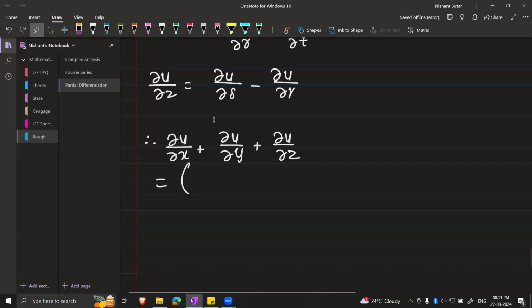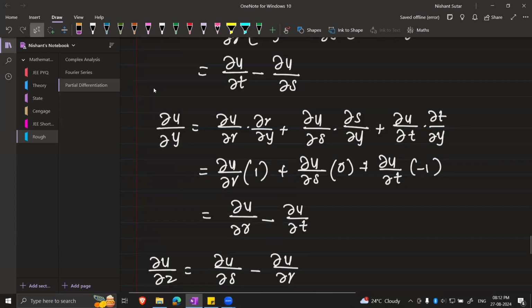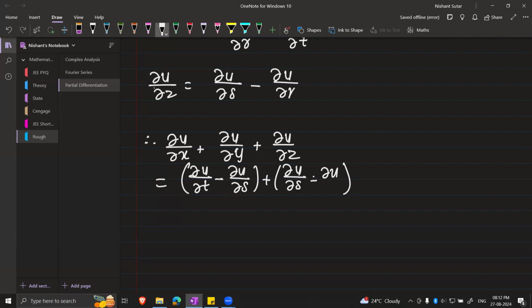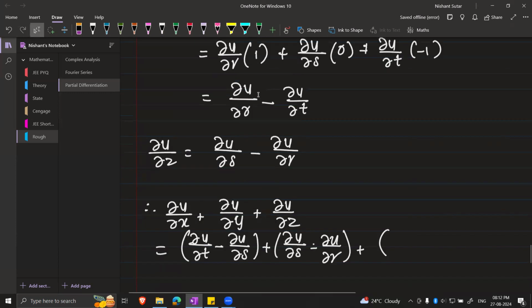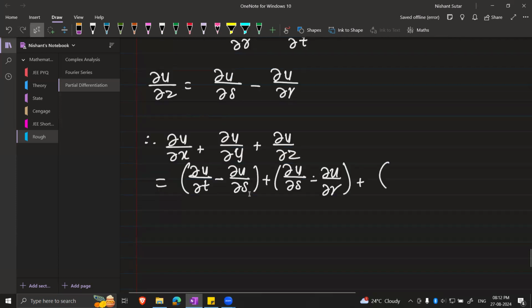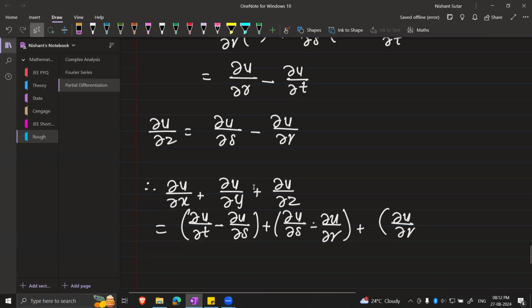So I will have del u by del t minus del u by del s, plus, I will write this quantity first, the above one for z, del u by del s minus del u by del r, and notice that the last quantity is for y, which is del u by del r minus del u by del t.